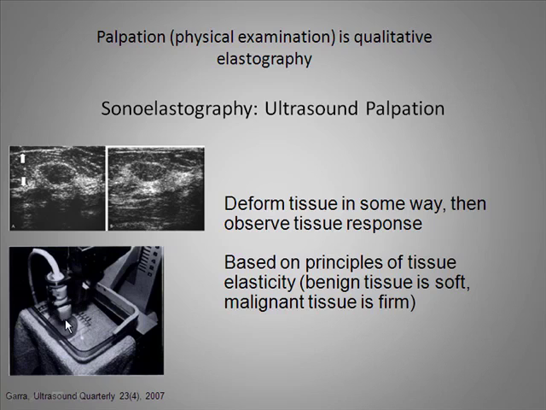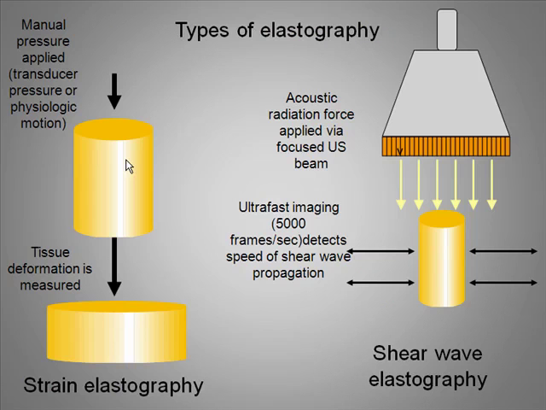The mass is deformed by this pressure, and then the ultrasound transducer or the images record the degree of deformation of the mass in some way. Very soft lesions, as in this fibroadenoma, will become flatter and wider when they're compressed than when they're not compressed. And this measurement can be used to determine the benignness or malignancy of a mass.